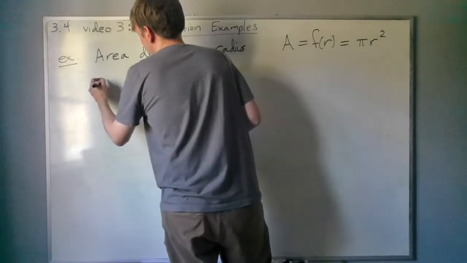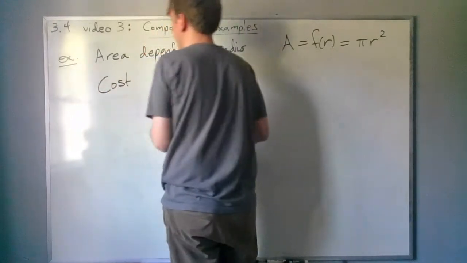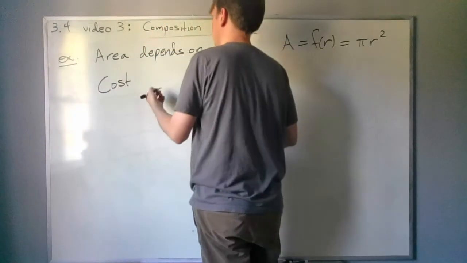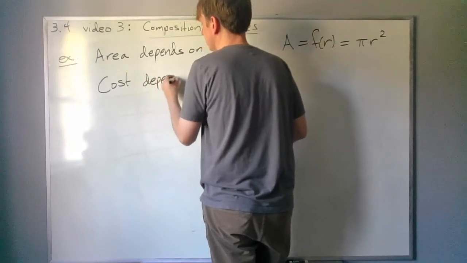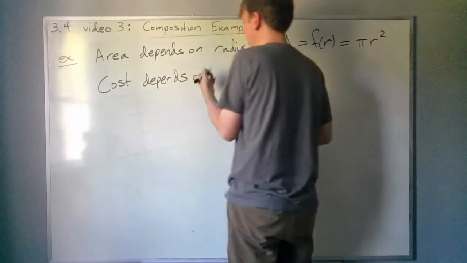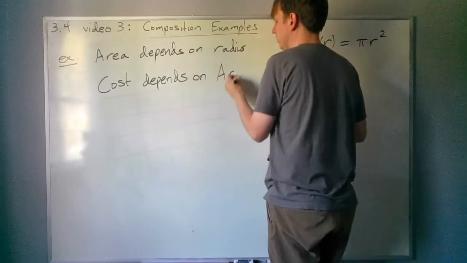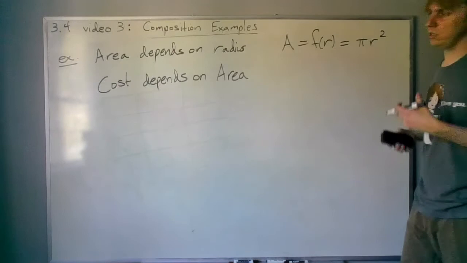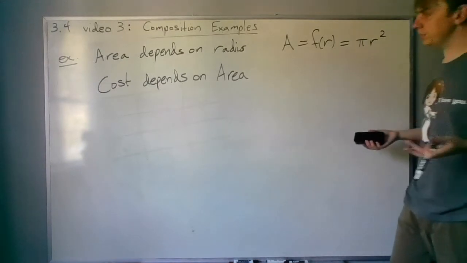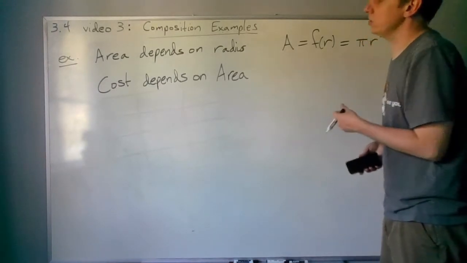But also we have, if I'm planning on going to a shop and buying a pizza or ordering a pizza, the cost theoretically depends on the size. The more materials they put into the pizza, the more it's going to cost me, the more pizza I'm going to get. So the cost somehow should depend on area.